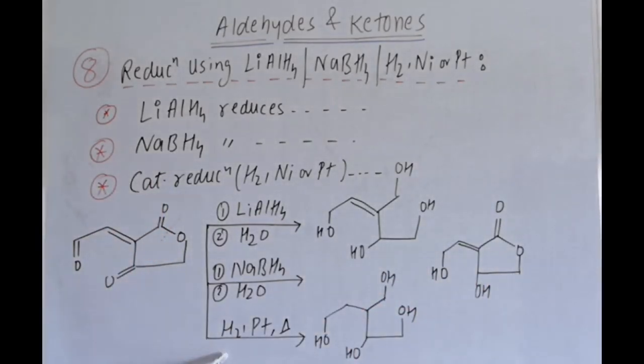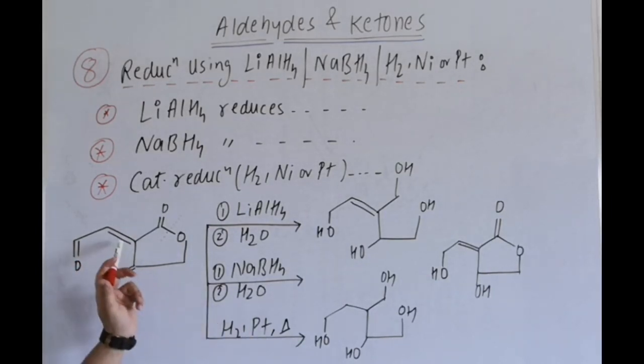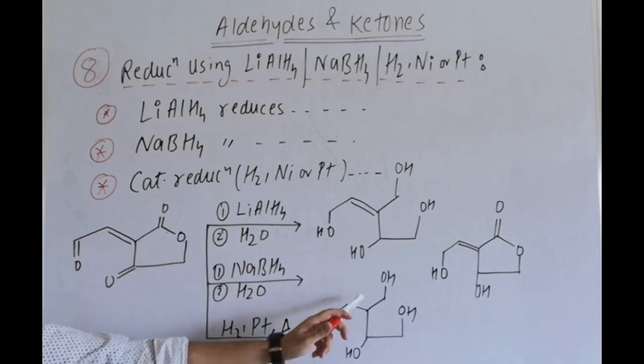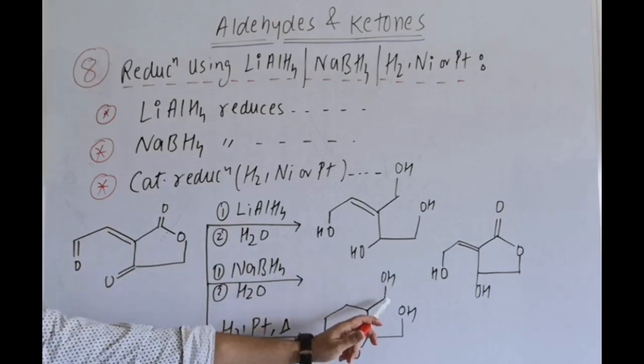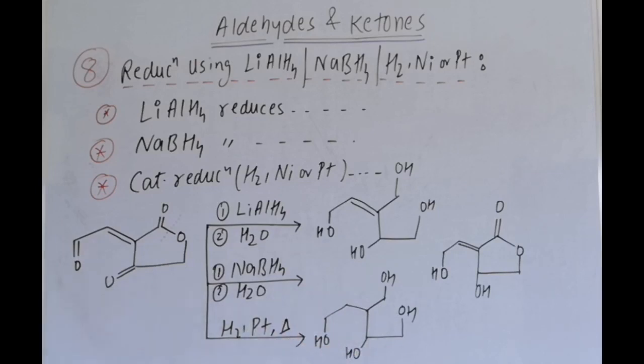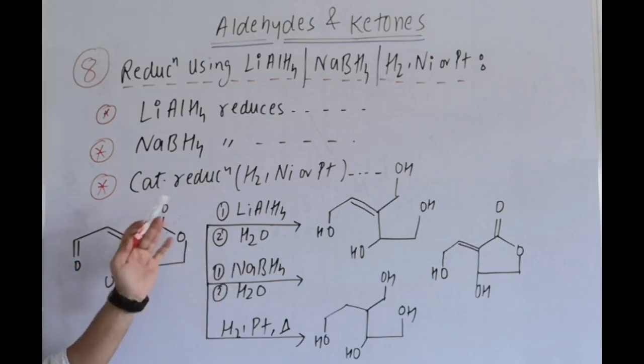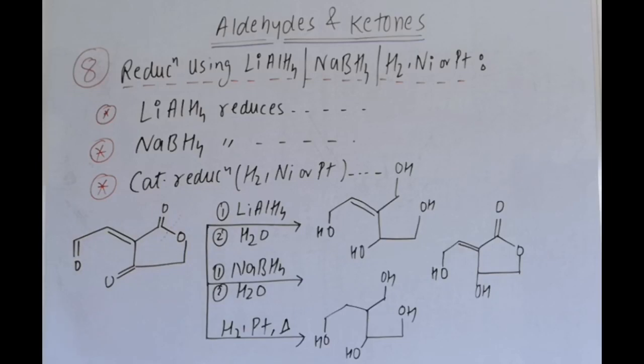Third, catalytic reduction: aldehyde to alcohol, double bond to hydrogenation takes place giving single bond, ester to alcohol and then ketone to secondary alcohol. So revise that example because here all three groups are mentioned and it is a faster way to understand these reduction reactions.